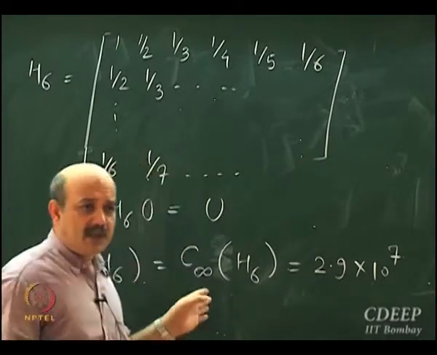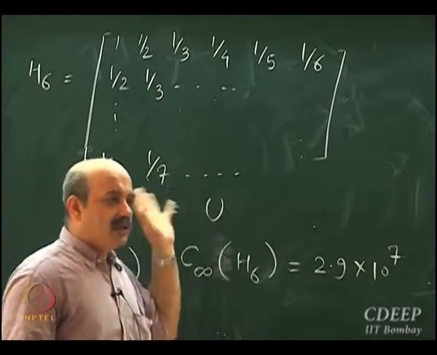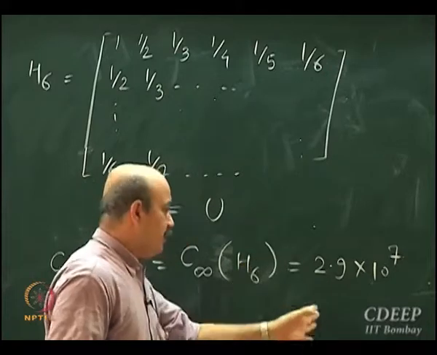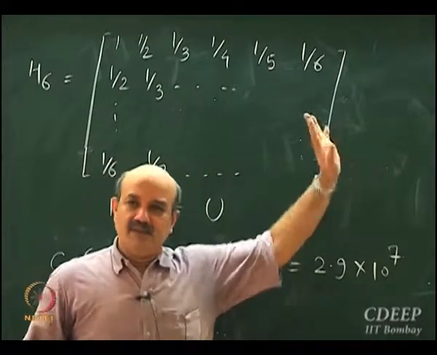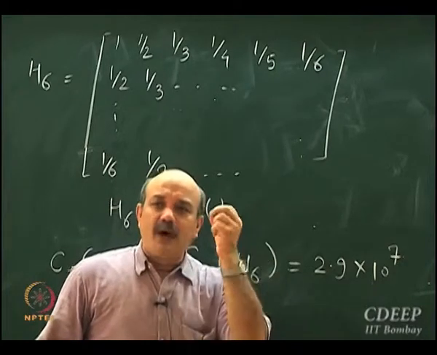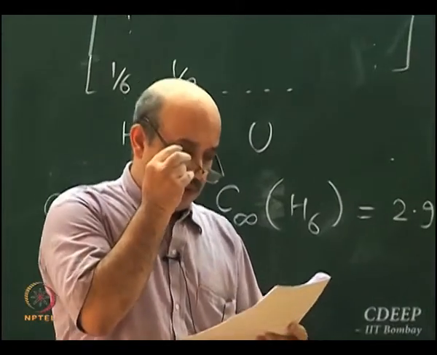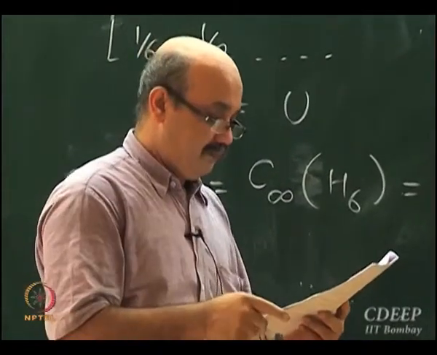This particular matrix, as you start increasing polynomial order, you will get Hilbert matrices of higher and higher order. If you go to 10th order, 10 to the power 12, so a small error committed can create havoc.